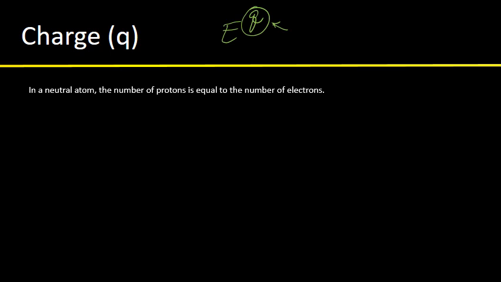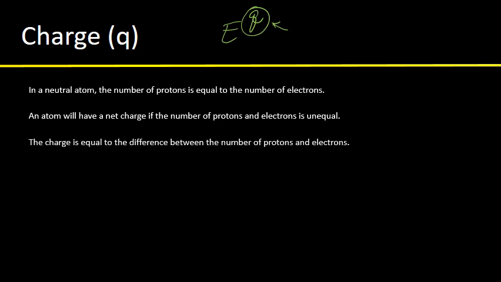Okay. But atoms can gain or lose electrons, and if they gain or lose electrons so that the number of protons and electrons are no longer equal, then the atom gets a charge. It can be a positive charge or a negative charge. And the charge is equal to the difference between the two of them.